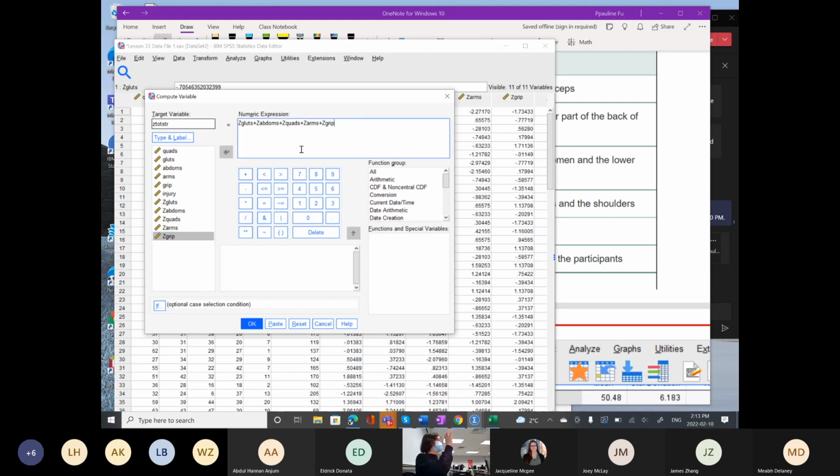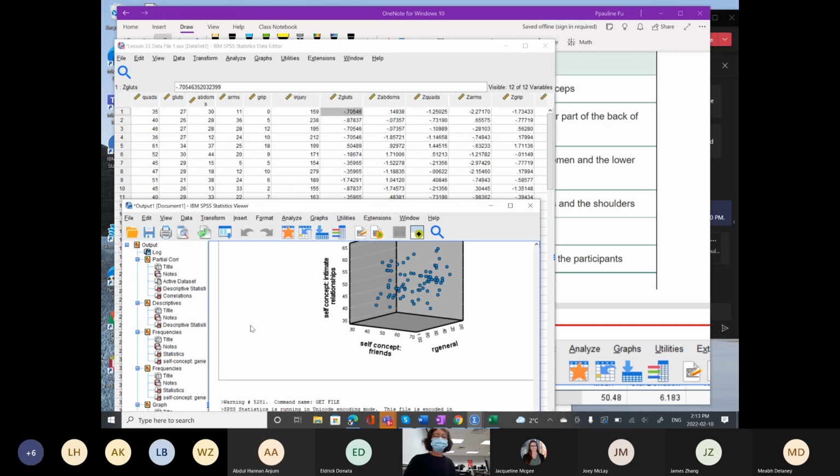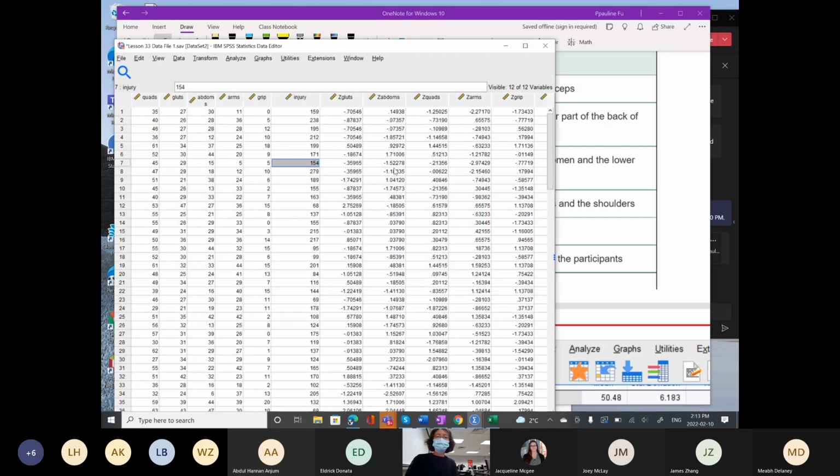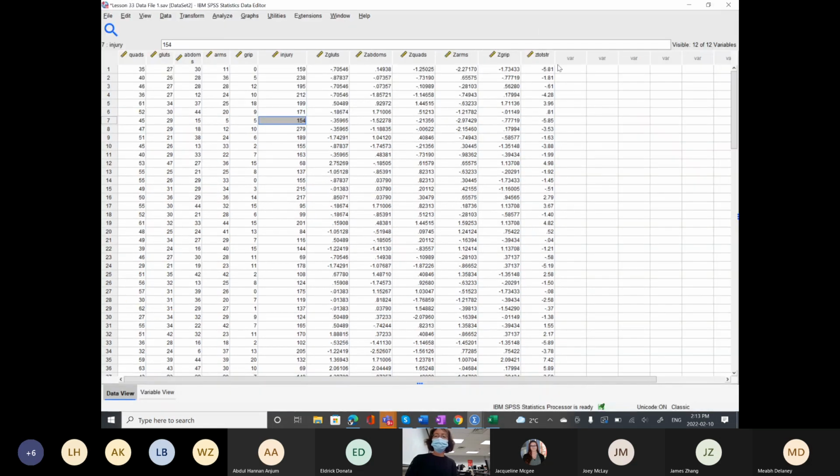So add all those 5 Z values to get one new variable. And then click the OK button. All right, so we have a new variable, Z total, this one here. This Z total is the result of the 5 Z values added together.